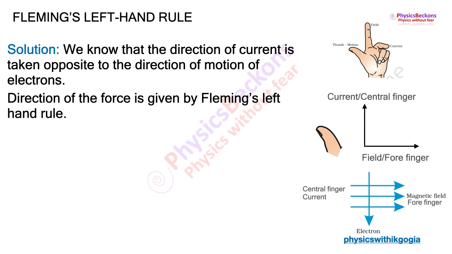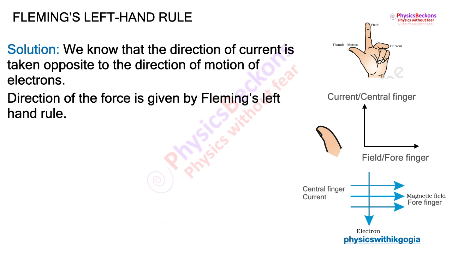The forefinger should point in the direction of the magnetic field. So adjust the hand so that the forefinger is towards the right, that is the direction of the magnetic field shown in the diagram by means of three blue arrows. Adjust the central finger to be upwards.